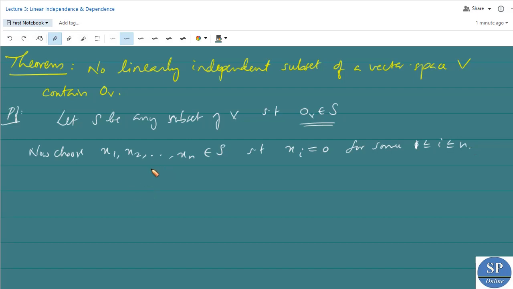That is, suppose xi is the 0 element, 0_V, in S. So we choose the vectors x1, x2, etc., x(i-1), xi where xi = 0, then x(i+1), etc., xn. Here xi is the 0 element.